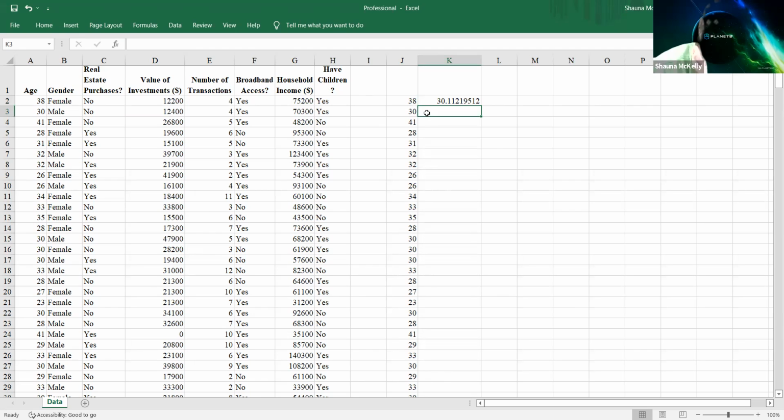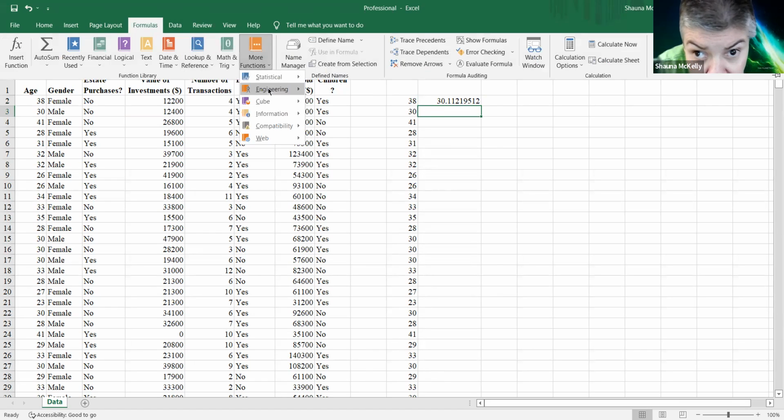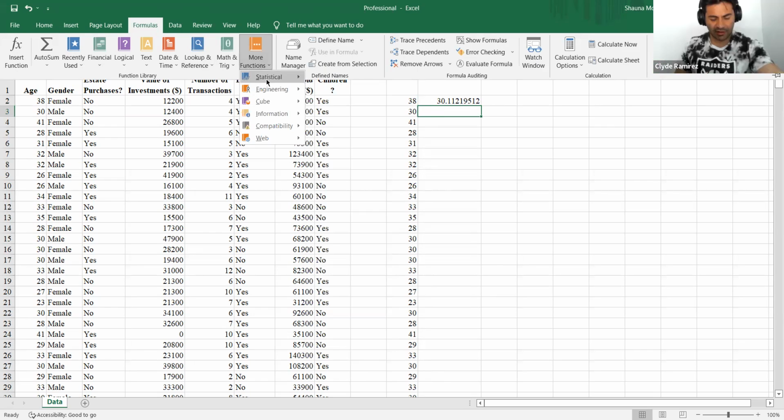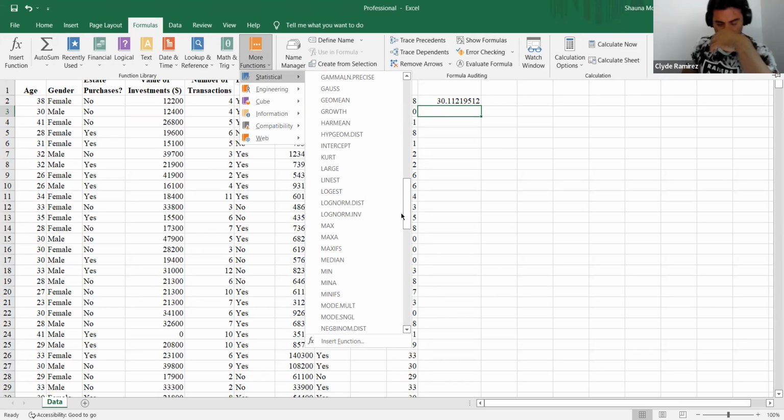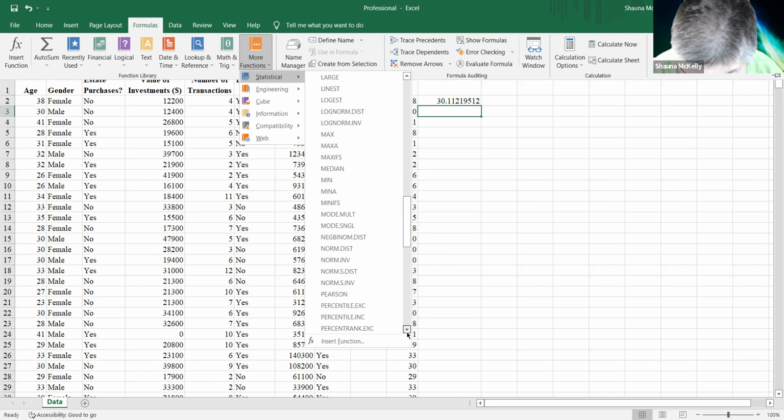Then for your standard deviation, which is the next thing, you're going to do formulas and go more statistical. For the standard deviation, I can just square it as well, right, Shauna? Not the mean. You don't square the mean. You square the variance. Oh. But I think there's a standard deviation function. Yeah, there is.